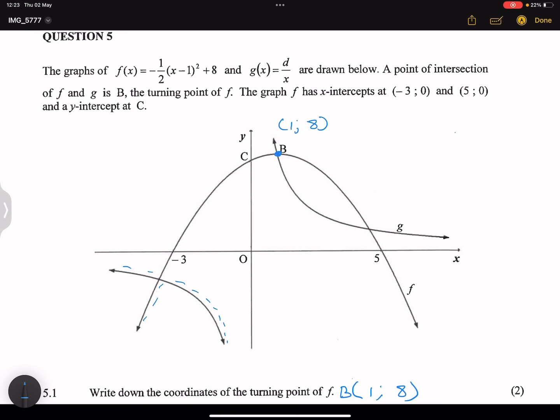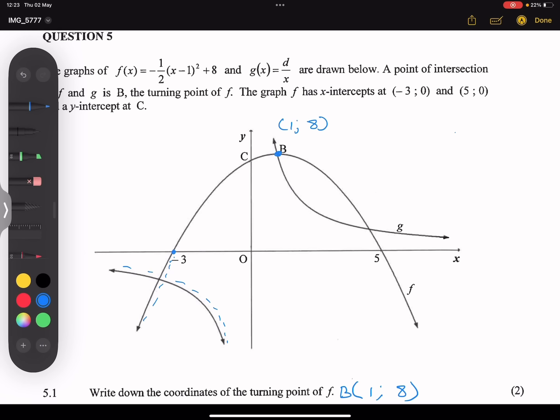This one is negative up until 3, but then what happens? It starts becoming positive from 3. Okay, so I want where the signs are different for both graphs, right? And what about the graph of g? The graph of g is positive all the way there.